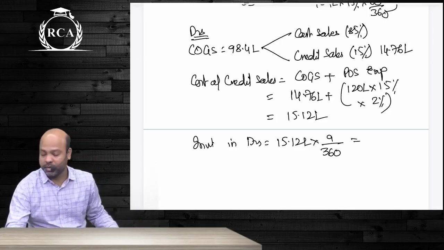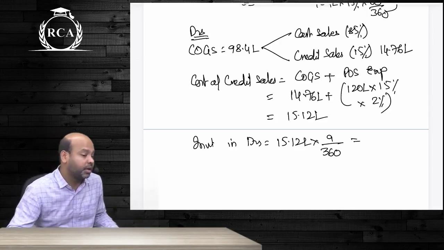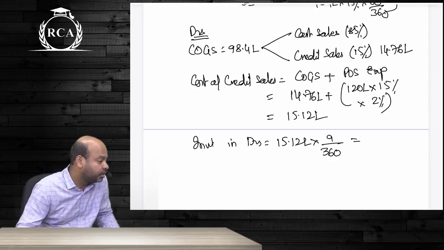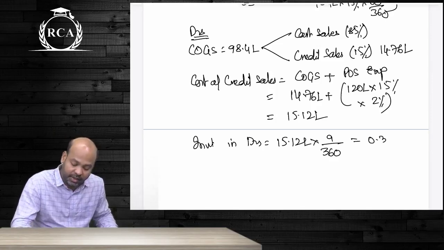Investment in debtors will be 15.12 lakhs into 9 divided by 360, which is 0.378 lakhs.